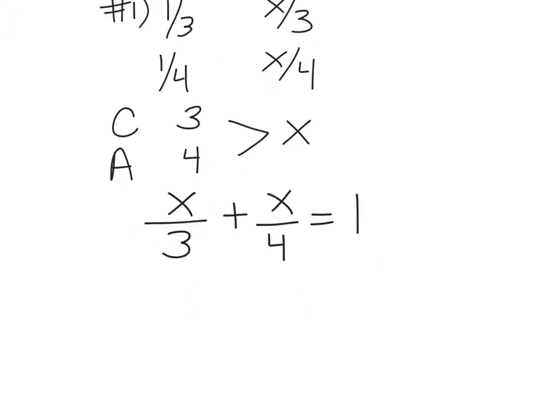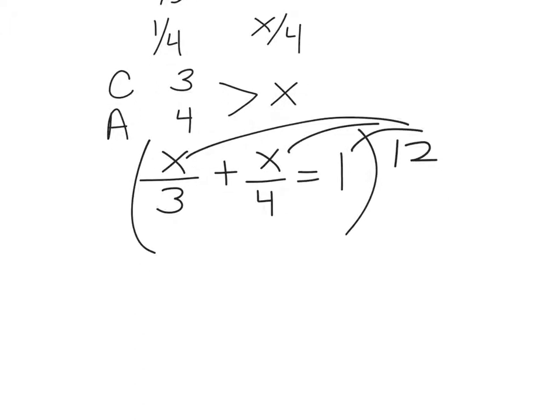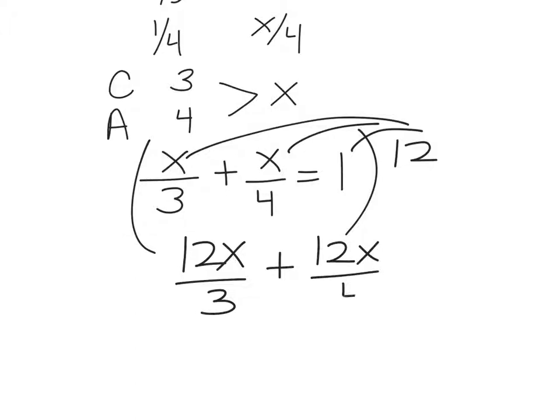Okay? And so now we're going to solve that. In order to solve that, you need to know how to multiply through by the LCD and all that stuff. So what are we going to multiply everybody by? 12. Good. So 12 gets multiplied here, there, and there. So we get 12x over 3 plus 12x over 4 equals 12.